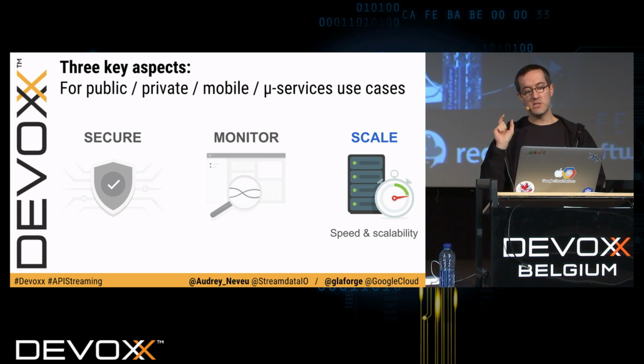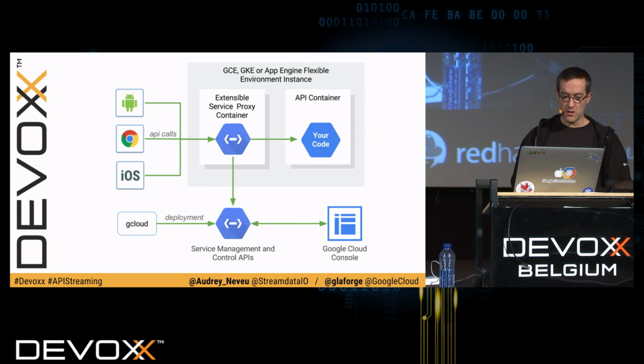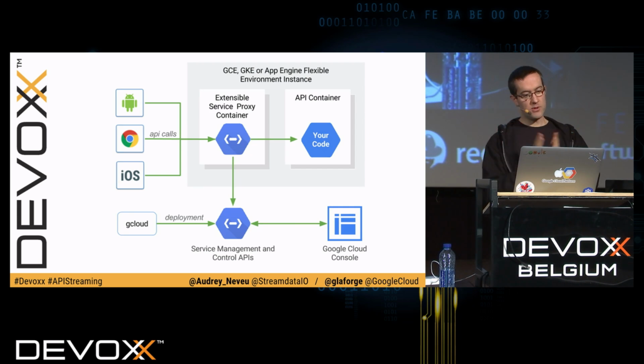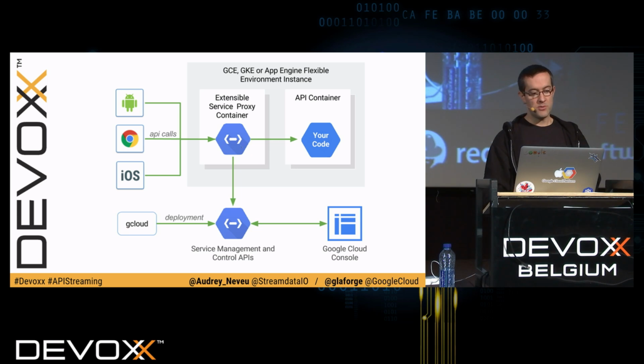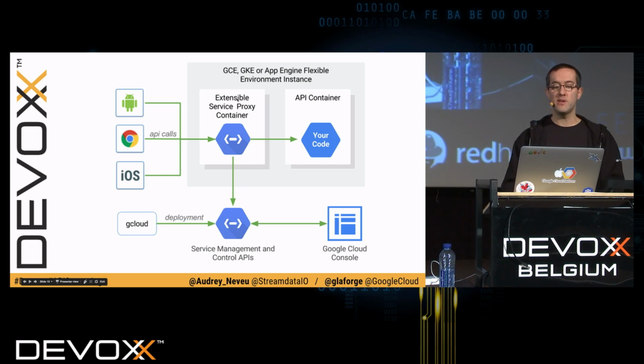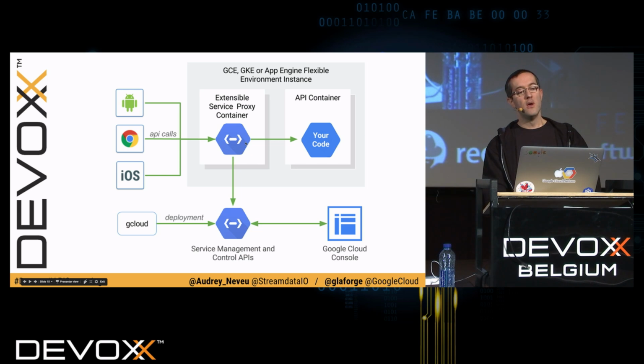In terms of speed in particular, that's the architecture, and I'm going to explain that here. So you've got consumers calling your API, but they are actually routed through the ESP, the Extensible Service Proxy. It's a container that runs along your API.